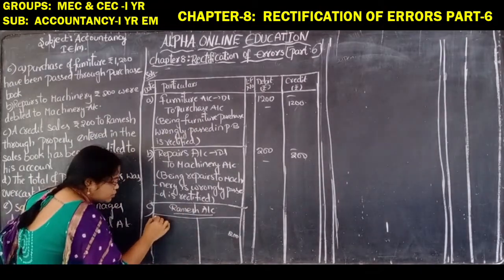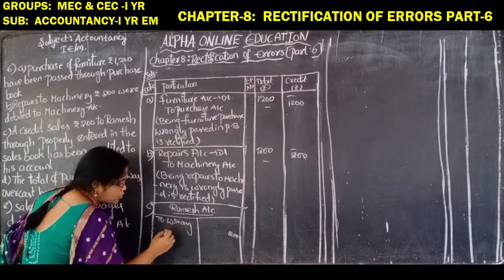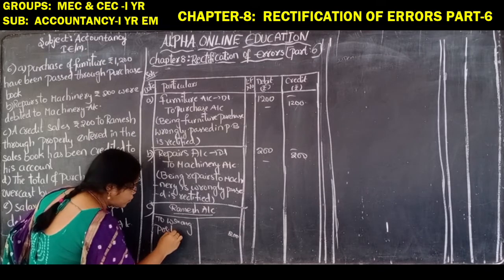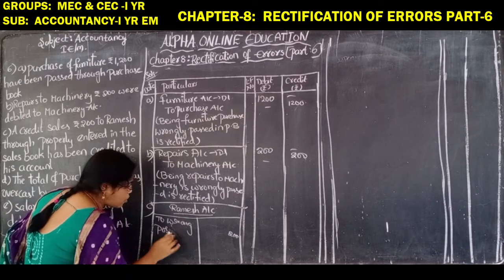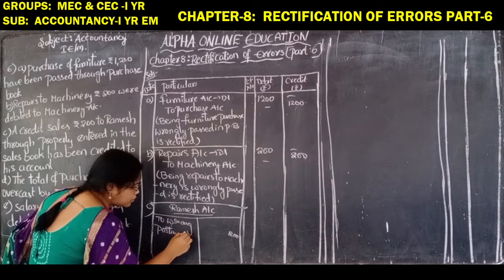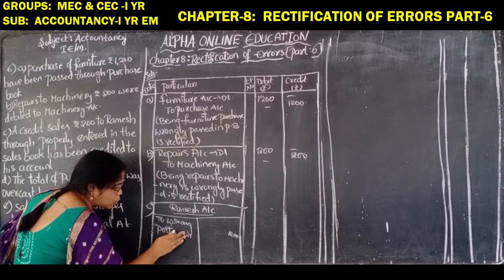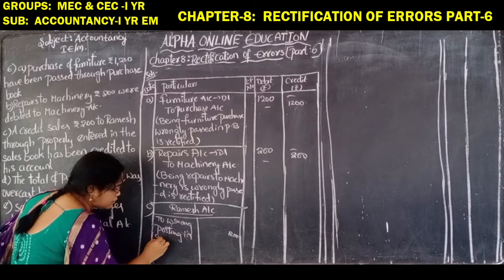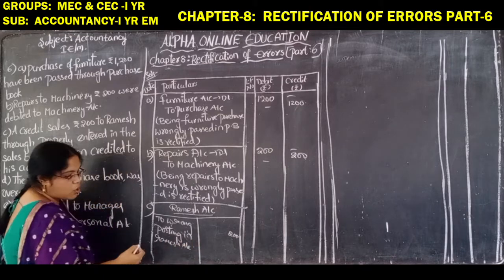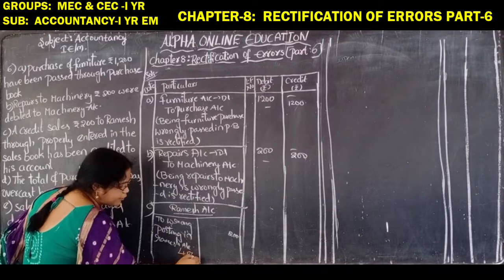So, to wrong posting in Ramesh account, we will write on the debit side 400 rupees.